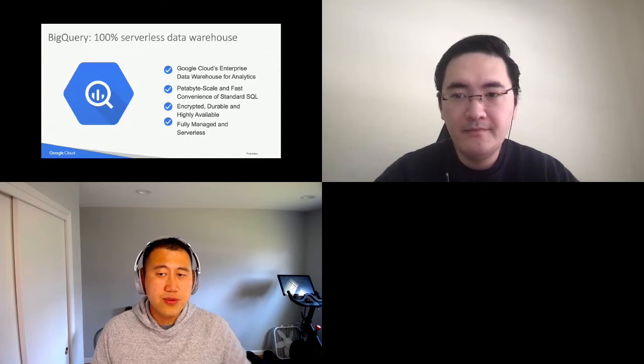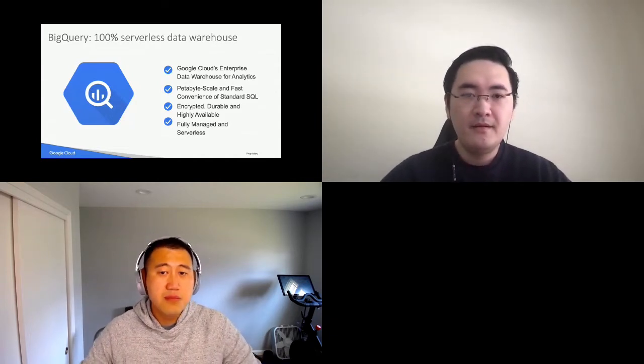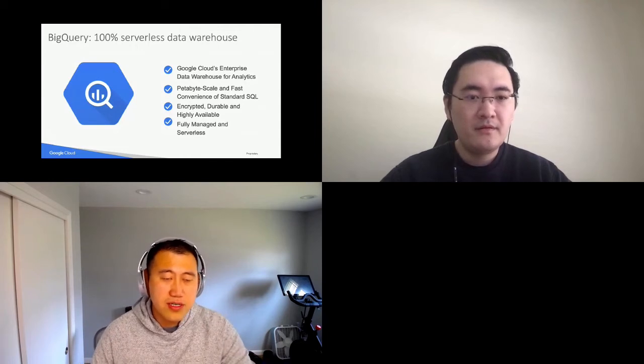Data at rest is secure through encryption and is put into durable and highly available storage. Lastly, BigQuery is fully managed and serverless, so you don't need to install or set up anything. You don't need a database administrator, so you can just log in and start querying the data.